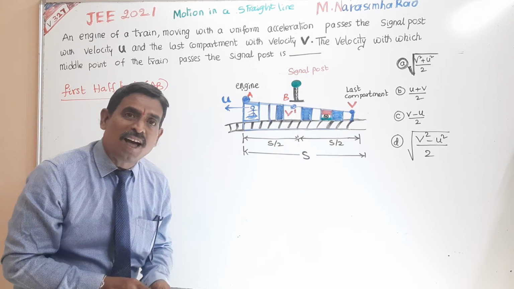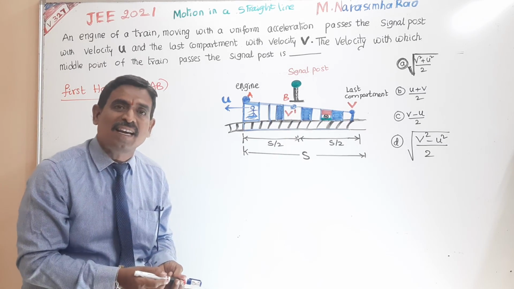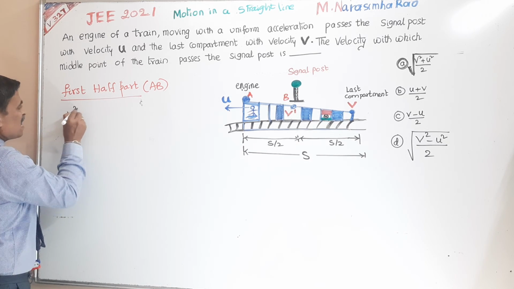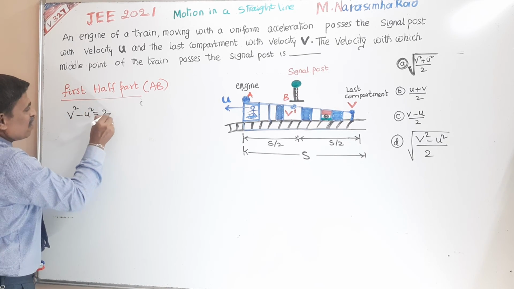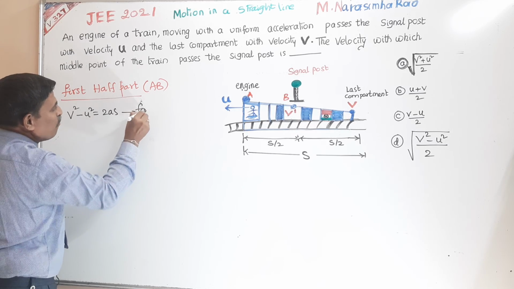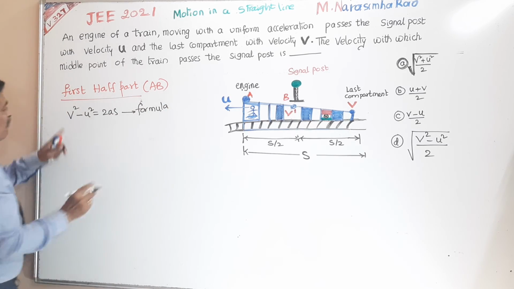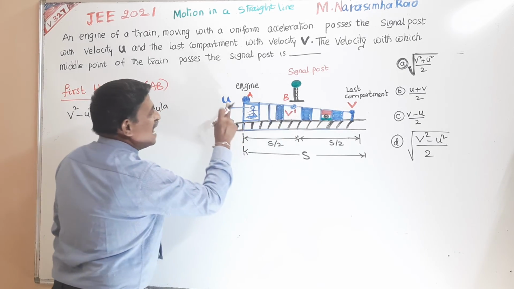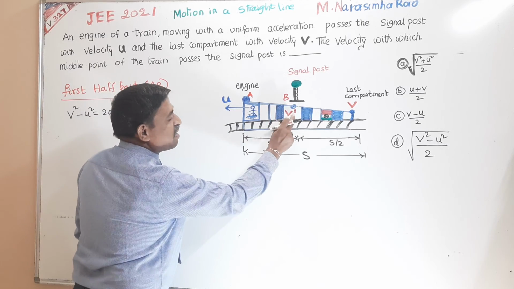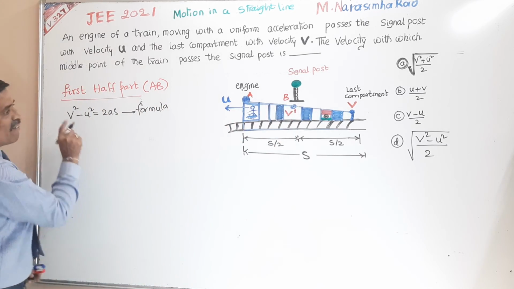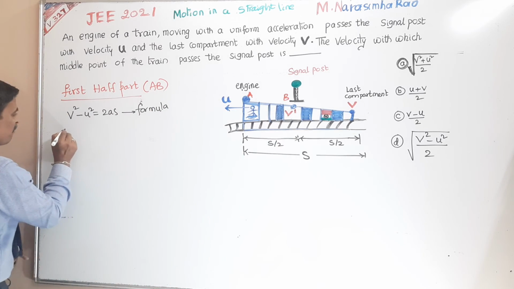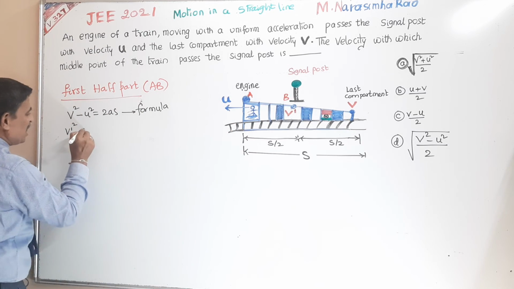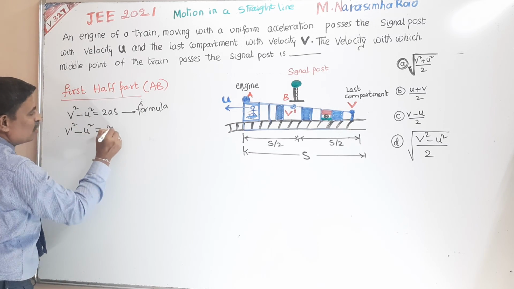We know one formula in motion in a straight line: V square minus u square is equal to 2as. V means the final velocity. I am considering only half of the train. This is the initial velocity u, and the final velocity is V dash. So V dash square minus u square is equal to 2 into a.